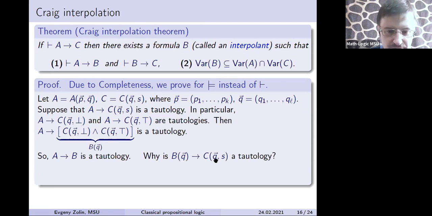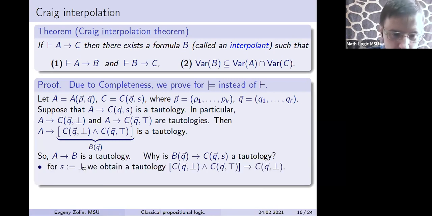So why is B implies C a tautology? B has only variables Q, C has variables Q and S. Why is this formula true for all valuations? Let us substitute some value for S. But of course, we cannot substitute 0 or 1. We need to substitute these symbols, true and false. So let us substitute false.